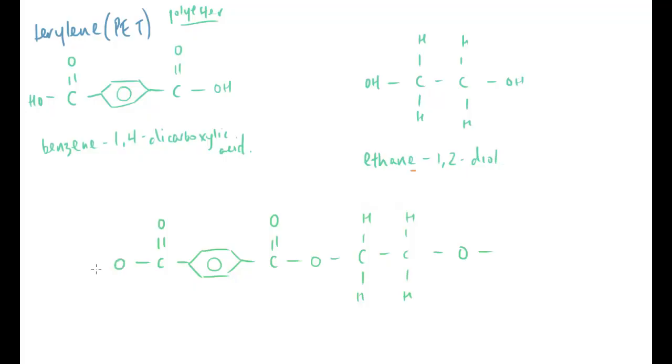I could flip it round and have the O there and only the blank here. It doesn't matter. I just quite like to draw it with the O this way. Again, with the trailing bonds.